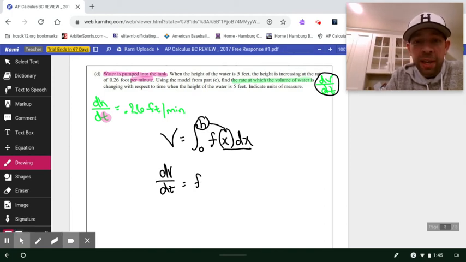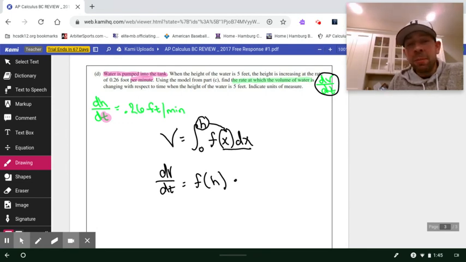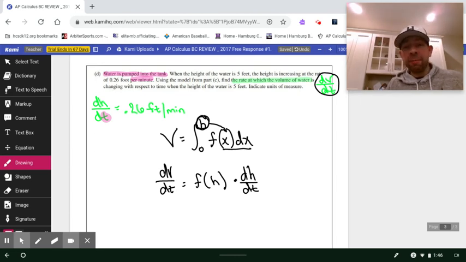So you're going to get f of h. But remember, you're not done. We now have to multiply that by the derivative of this variable right here. Now, if I was deriving with respect to h, I'd say the derivative of h is just 1. But because it's with respect to t, I'm going to say dh/dt. So we're using the second fundamental theorem with, kind of think of it as a chain rule, so to speak.